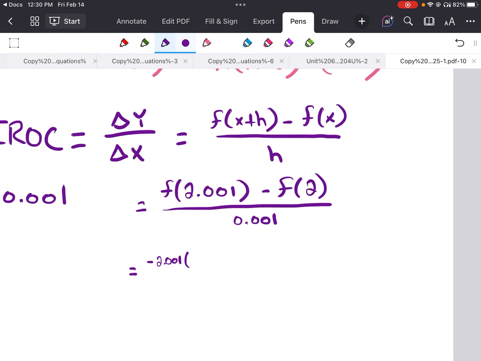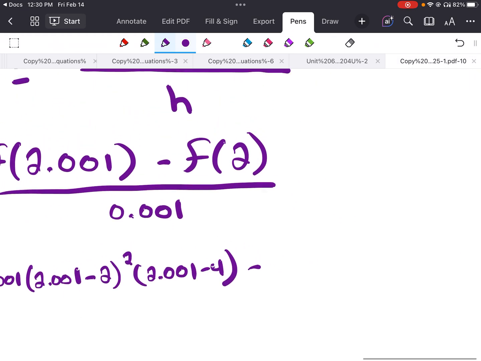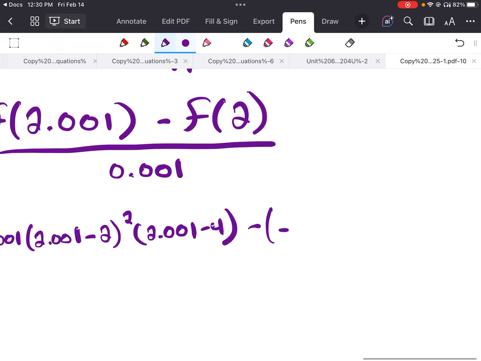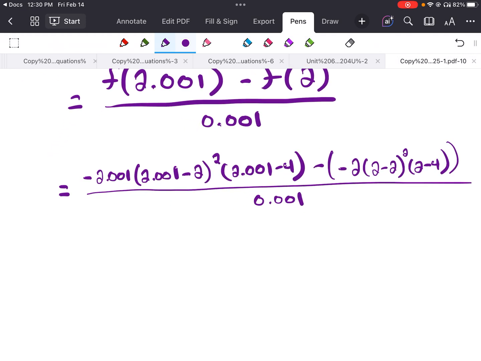We have negative 2.001 times (2.001 take away 2) squared times (2.001 take away 4). All of that subtract negative 2 times (2 minus 2) squared times (2 minus 4). And then divided by 0.001.